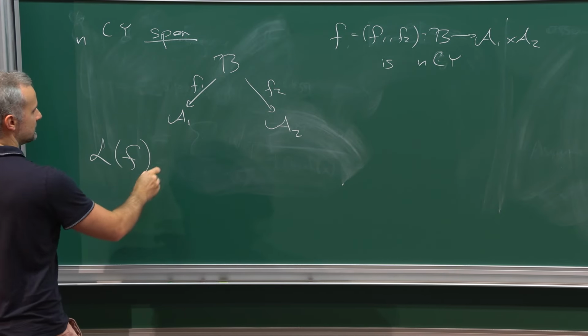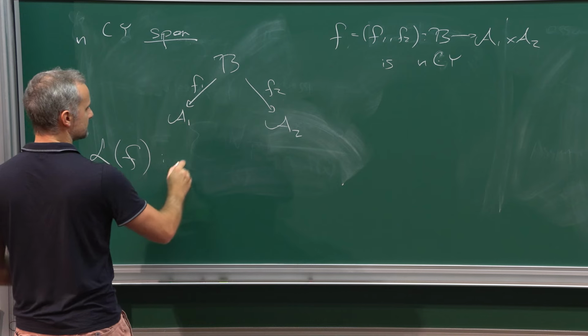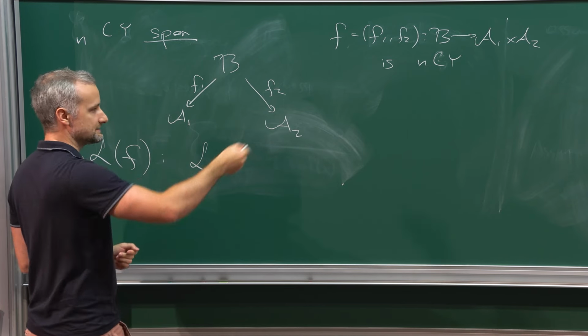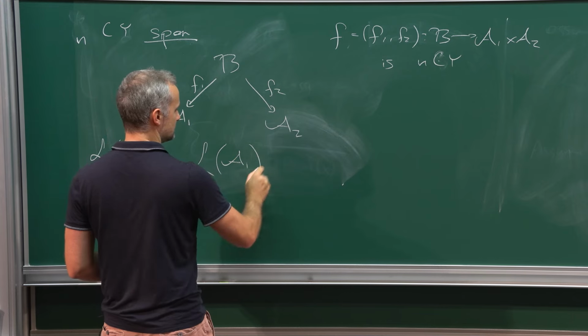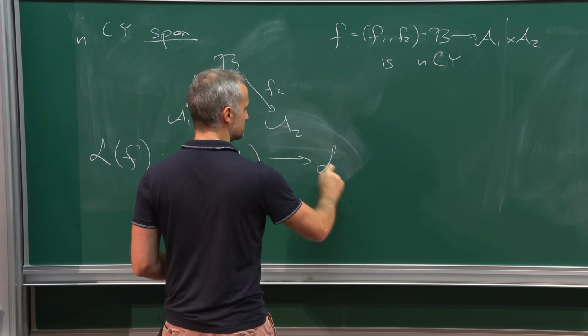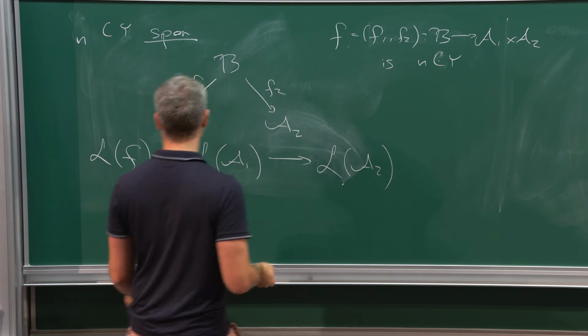So we get a linear map, L of F, from this vector space of isomorphism classes on A1 to L of A2.